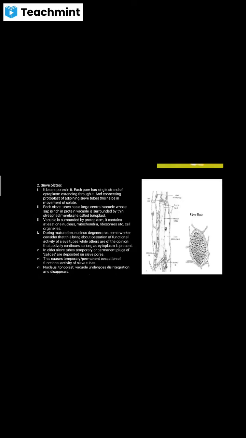The protoplasm has a nucleus, mitochondria, and all cell organelles. After maturation of these tubes, the nucleus degenerates, and the activities of the sieve tubes take place.